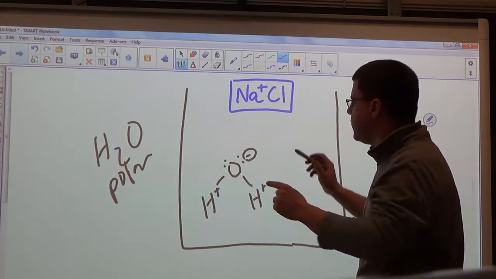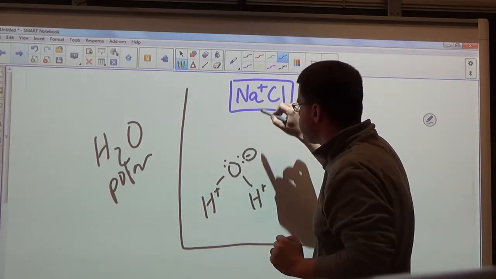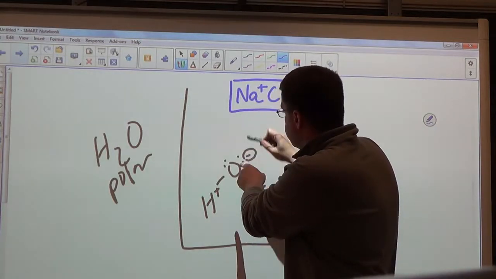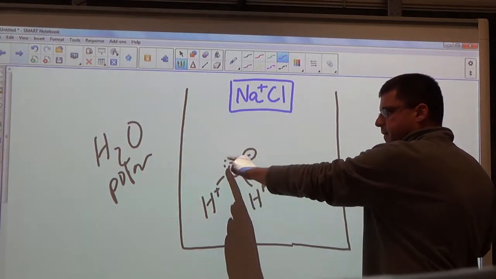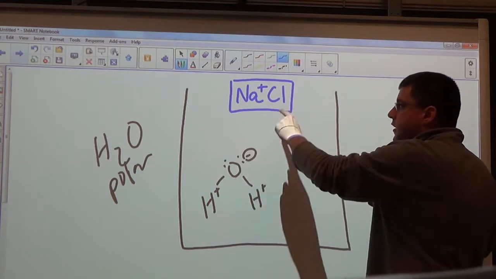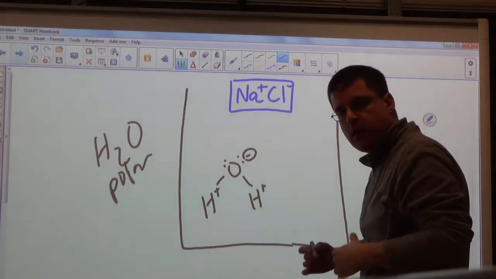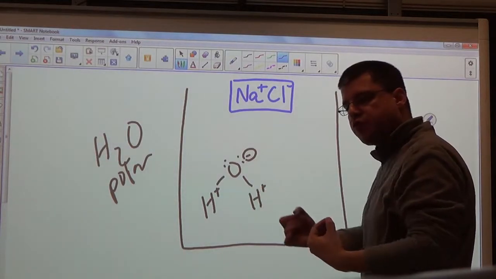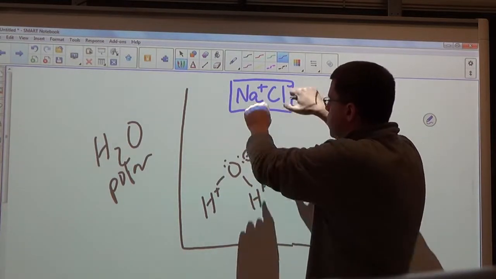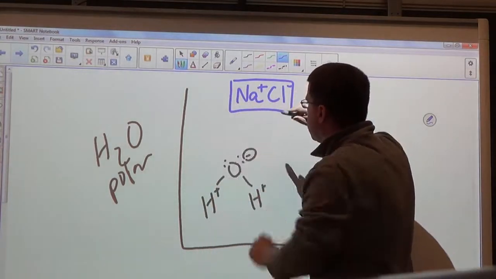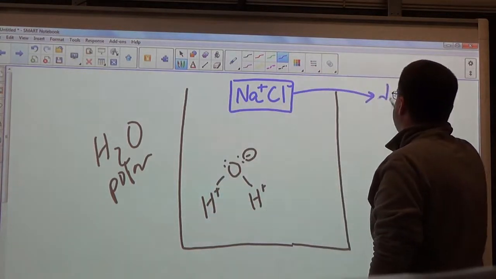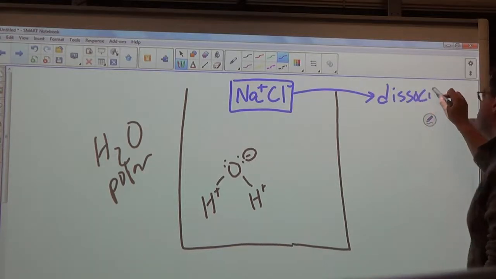The important thing is that when it comes in, this sodium sees the negative end of the water molecule. This chloride ion sees the positive end of the water molecule. New attractions form. But in order to effectively dissolve, this actually goes through a process of dissociation.